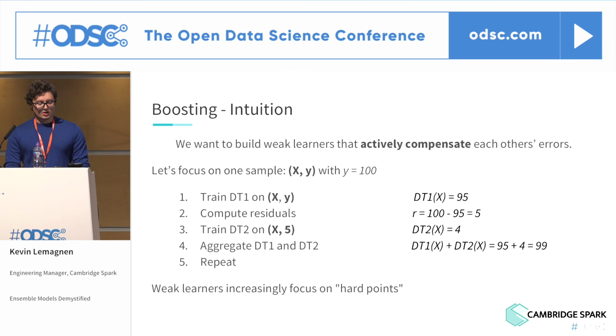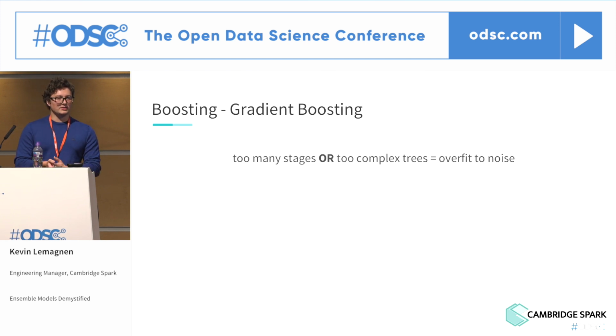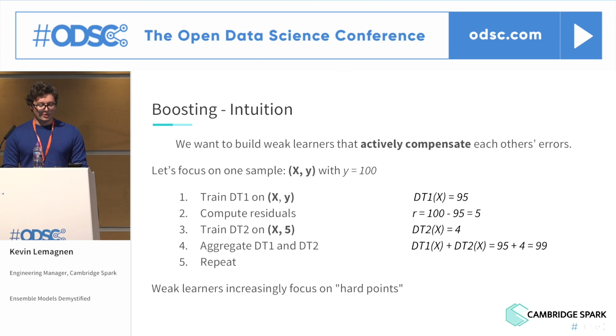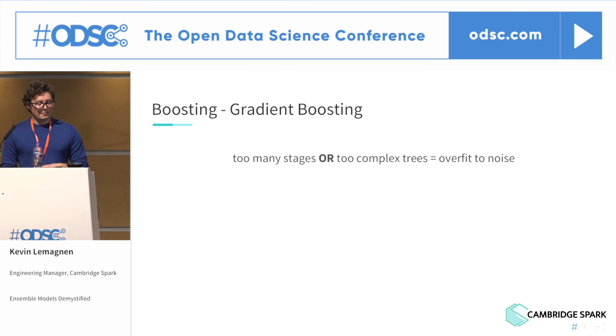Here, something that you can anticipate is that it will overfit really easily, and that's probably one of the biggest problems with gradient boosting: if you have too many stages, or if your trees are too complex, if DT1 is too complex and already predicts all the values right, or if you have too many decision trees, you'll overfit to noise in your data.